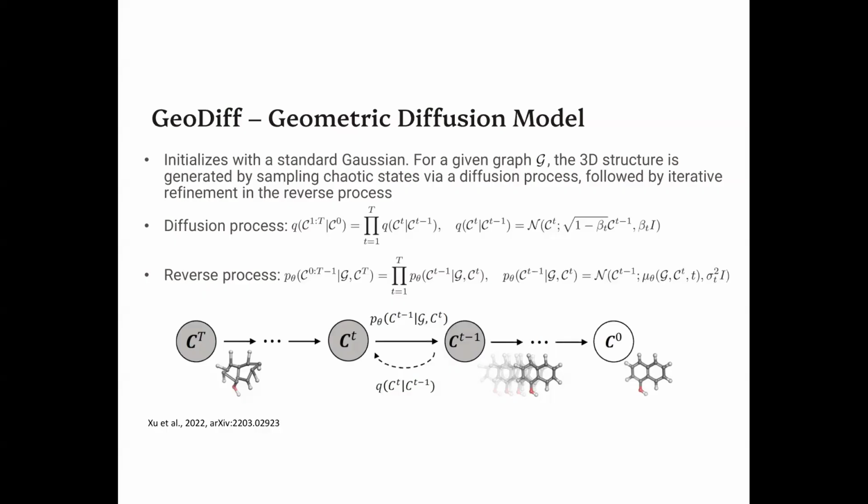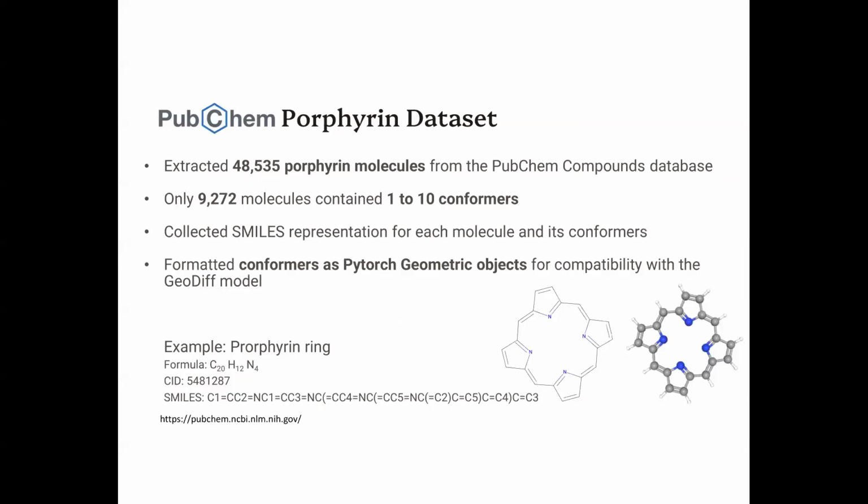In the diffusion process, the conformers are diffused, starting with the conformer C0 and adding noise to come to CT, and the reverse process starts with CT, which is a standard Gaussian, and through an iterative process learned by the neural network, will reconstruct and denoise the conformation.